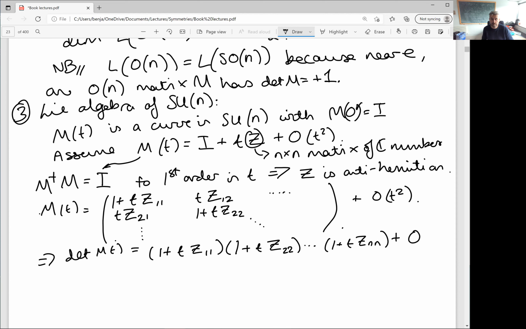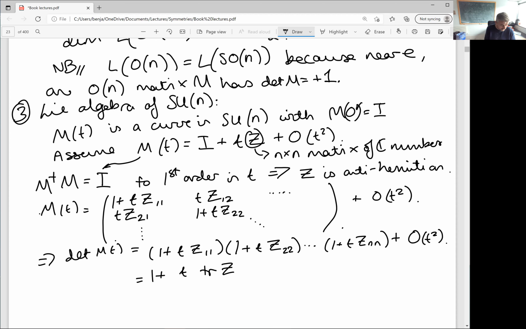And all of the other ones involving off-diagonal elements are going to be one order higher in T. So if I, again, only take out the first order terms here, I get 1 plus T times the trace of Z plus order T squared.